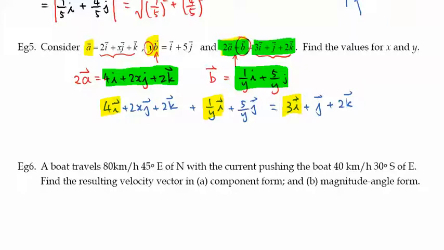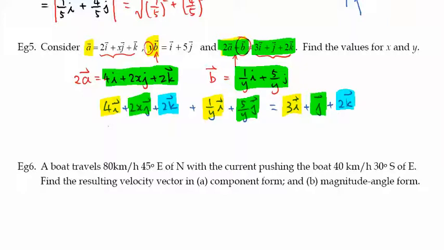Which makes sense because when you take a look at this equation, this is the only k component, and it matches with the one on the other side. And using the same concept, the one that goes with the j component together will give us this term here. So as you combine these terms together, we'll be able to come up with a couple of equations and we can solve from there.